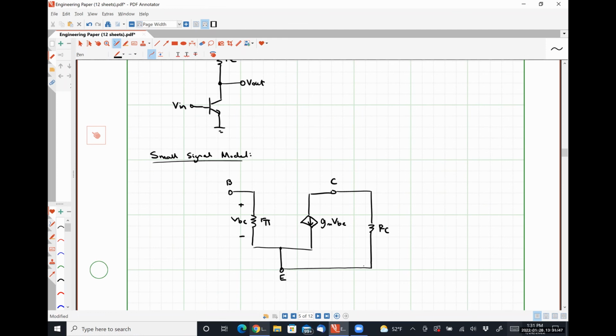Between my base terminal and ground, I have my input voltage Vin. And my output voltage, actually, let me move RC to the other side, is measured between my collector terminal and ground. So here's Vin.